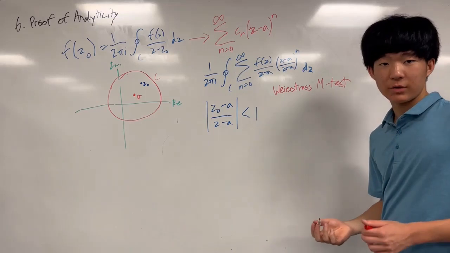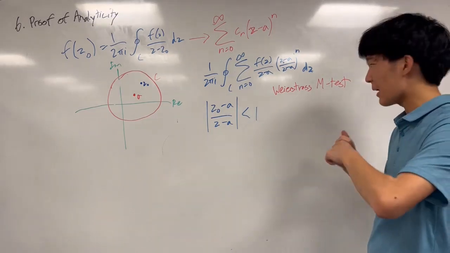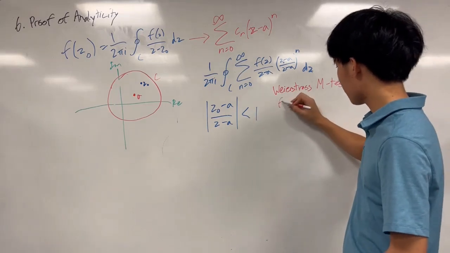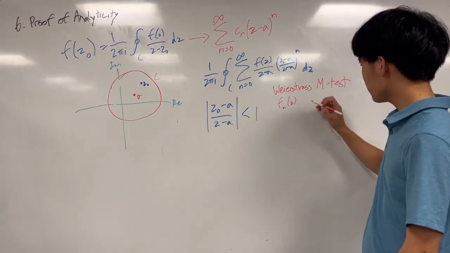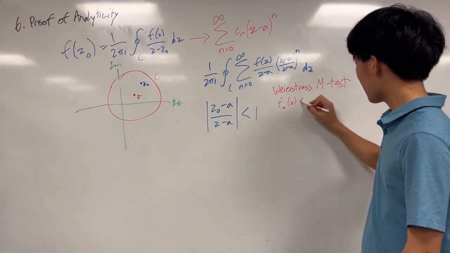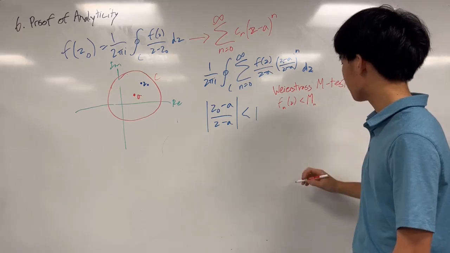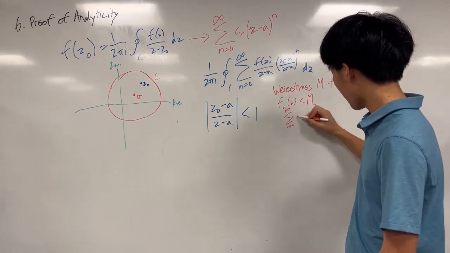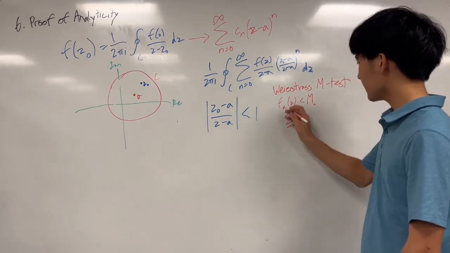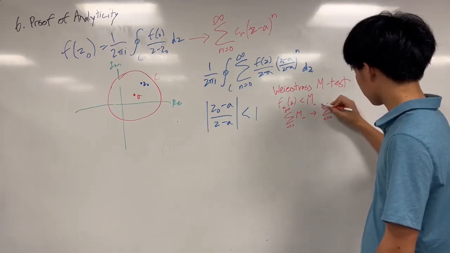You may or may not have learned this in your Calc 2 course, but essentially what this says is that for a series of functions, f sub n of z in this case, if you can prove that all of them are bounded by some value M sub n, and the infinite sum of M's converges, then the infinite sum of f's converges.